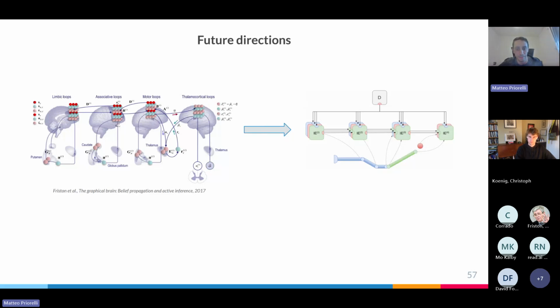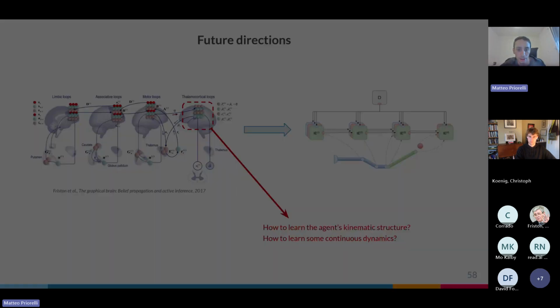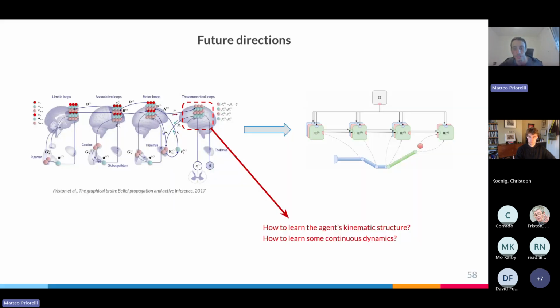So I think it makes sense to express the kinematic chain of the agent by a continuous model. One interesting question would be how we can learn the agent's kinematic structure along with some continuous dynamics.